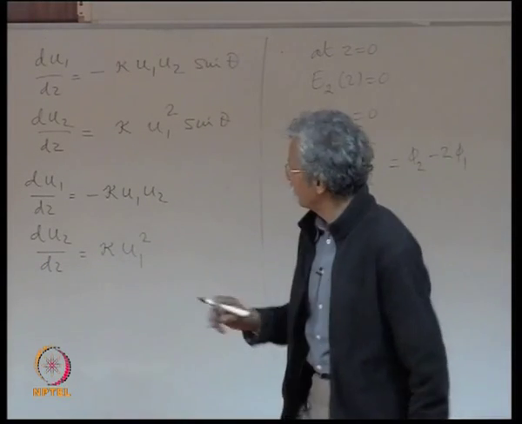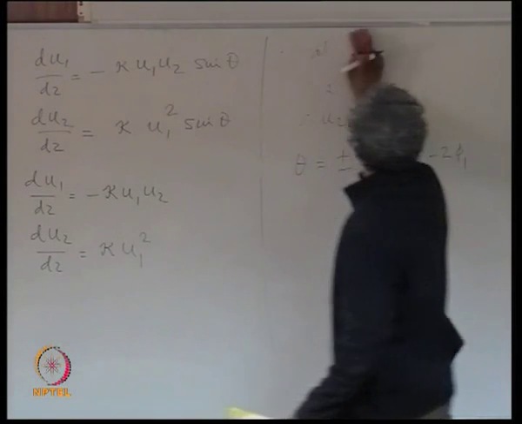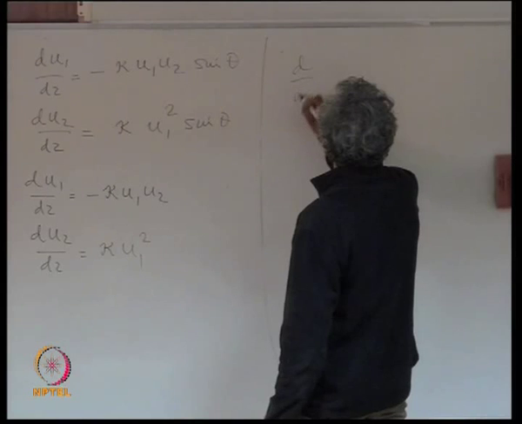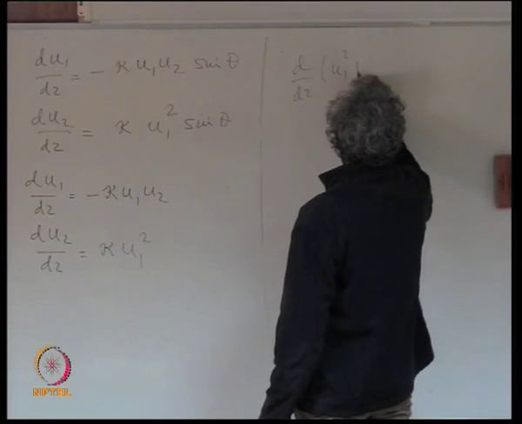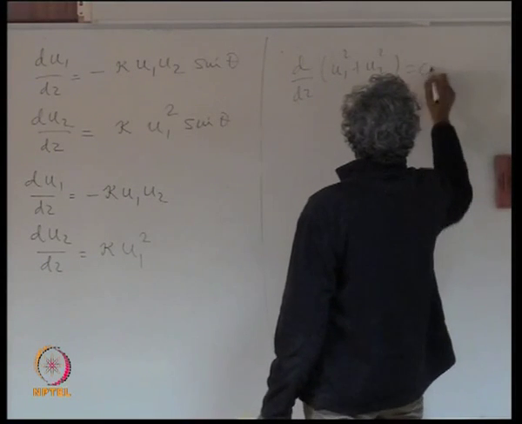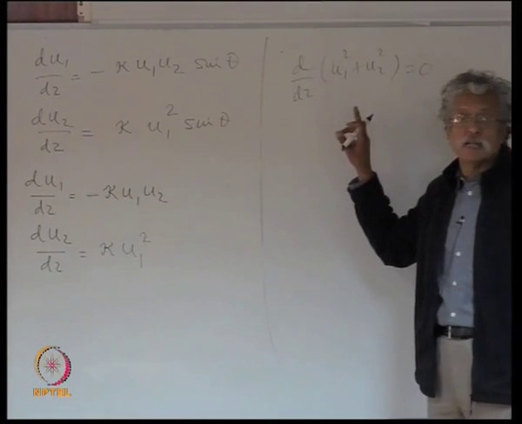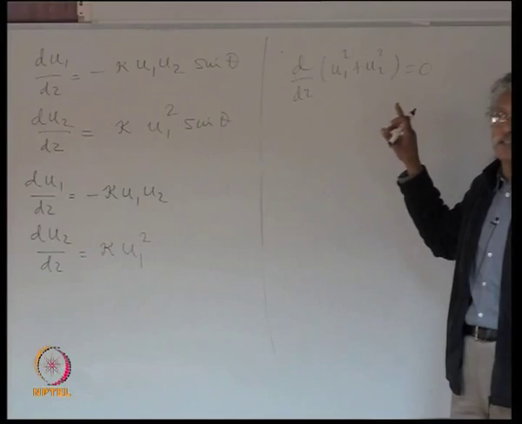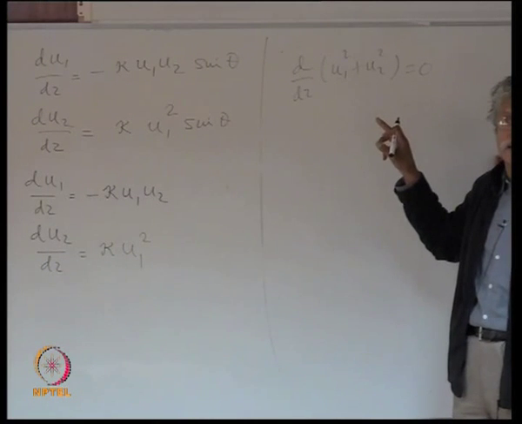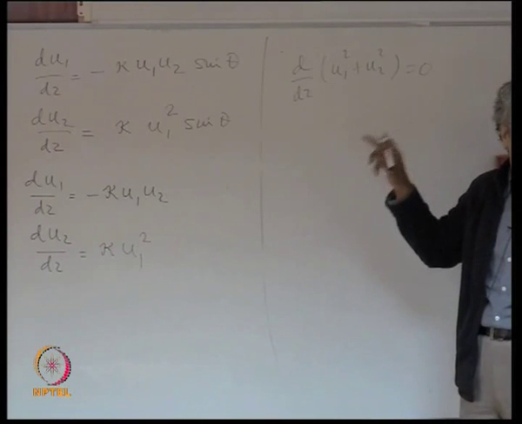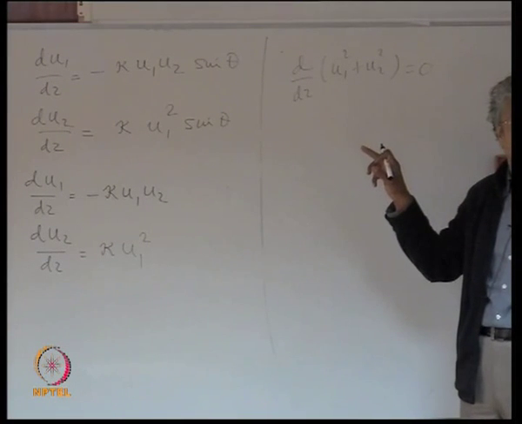Again I want to leave for you to show these equations satisfy the following condition: d by dz of u1 square plus u2 square is zero. What is this equation? Energy conservation. Please remember, this is under n1 is equal to n2. Otherwise, we will have n1 mod e1 square by 2c mu 0 plus n2 by 2c mu 0 mod e2 square must be constant.